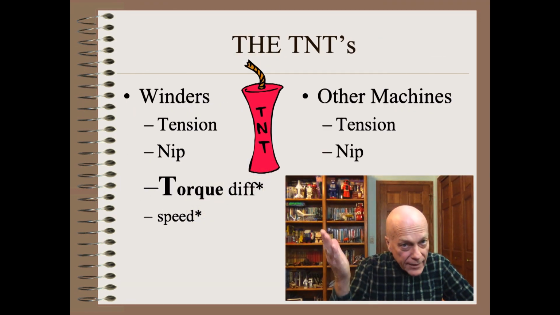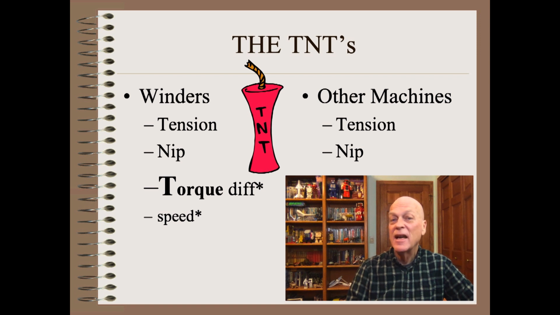On winders, the last T stands for center surface wind torque differential, and the little s stands for speed. Not all winders have those wound roll tightness controls.